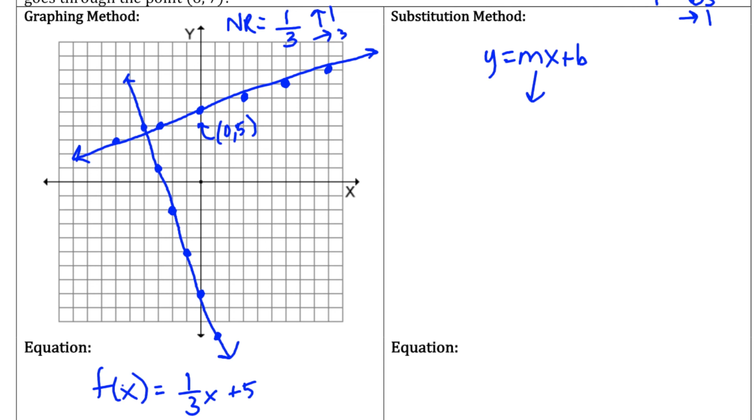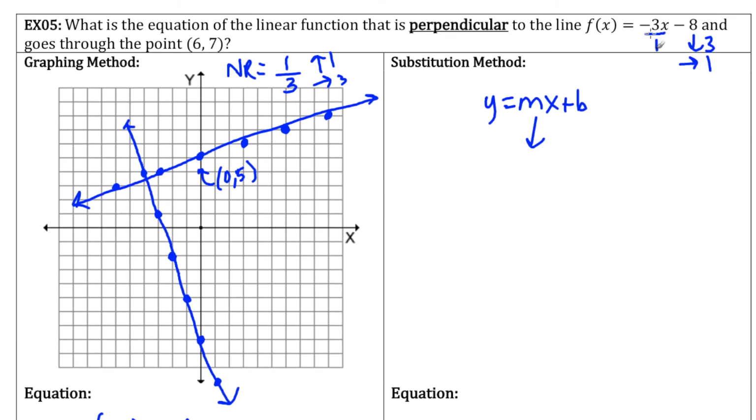M, remember, it's not -3 because that would be parallel. We want the positive 1 over 3. And the x that it gives us is 6, and the y is 7. So the x is 6, and the y is 7. 1/3 of 6, so 1 times 6 is 6, 3 times 1 is 3.